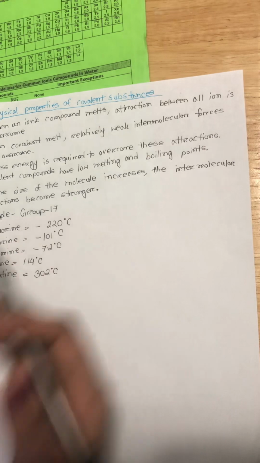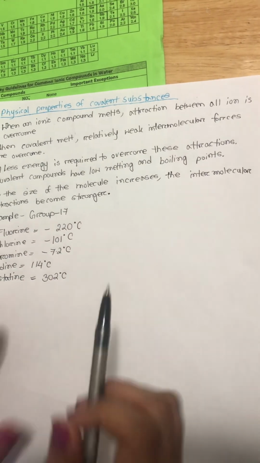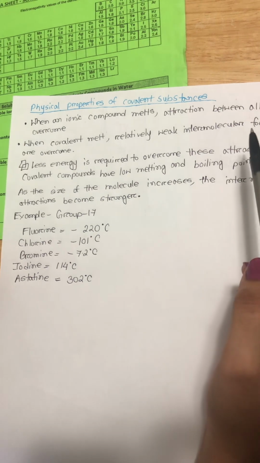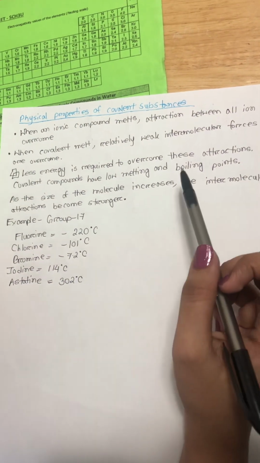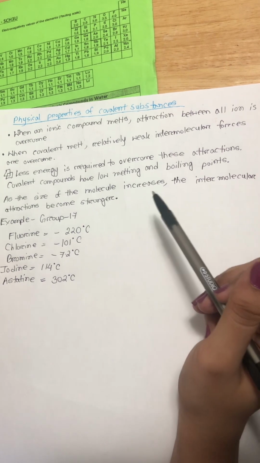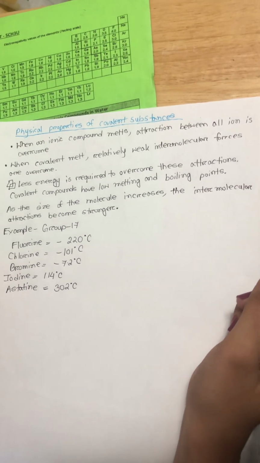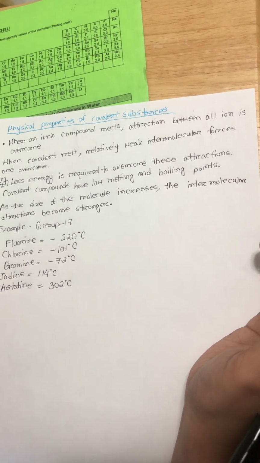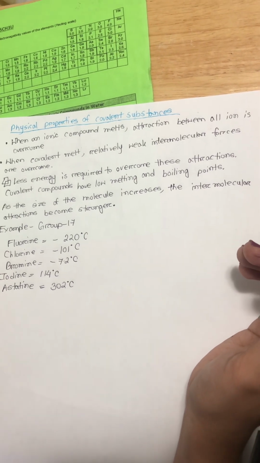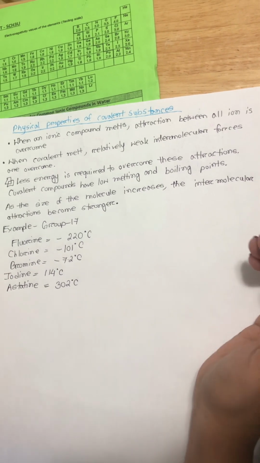If you look at the physical properties of covalent substances, we know that when an ionic compound melts, attraction between all ions is overcome. When a covalent compound melts, relatively weak intermolecular forces are overcome, and less energy is required to overcome these attractions. Covalent compounds have low melting and boiling points. As the size of the molecule increases, the intermolecular attractions become stronger.